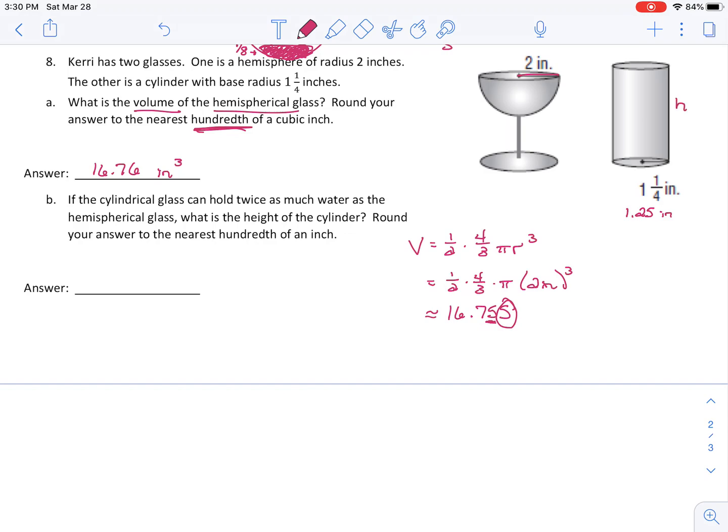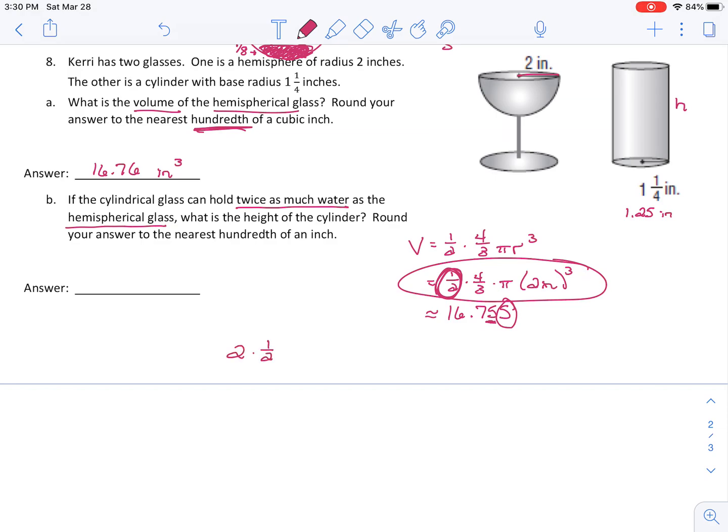Because they didn't tell us how tall that thing was. We can solve for it, though, because they're essentially giving us the volume. Twice as much water as the hemispherical glass. So I'm going to double what we just got, which is unfortunate that we had you round that. Doubling something that has half on it just means cancel that out.